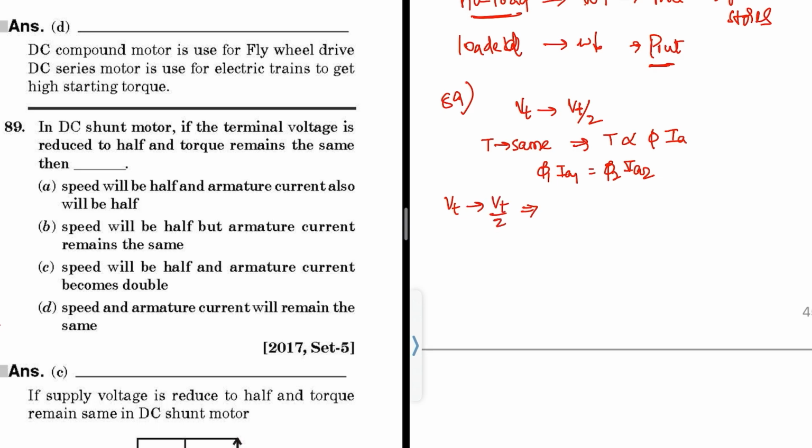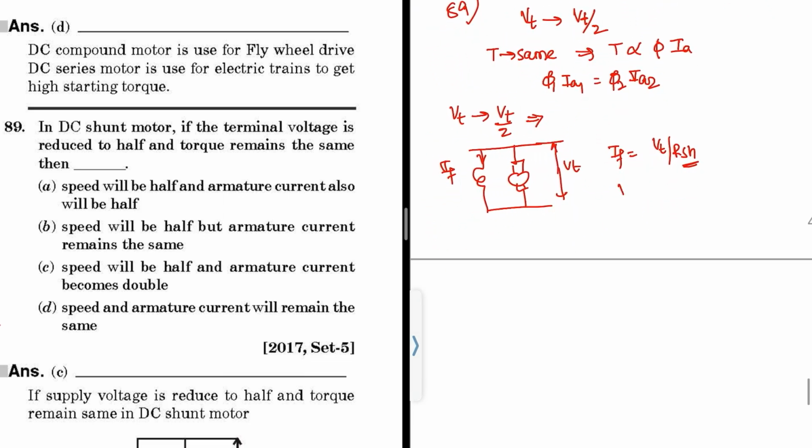In a DC shunt motor, this is the voltage and this is the field current. You know that If equals Vt by Rsh, where Rsh is the shunt field resistance. So when the voltage is reduced to half, the field current is also reduced to half, because both are proportional. So I can write If1 Ia1 equals If2 Ia2.